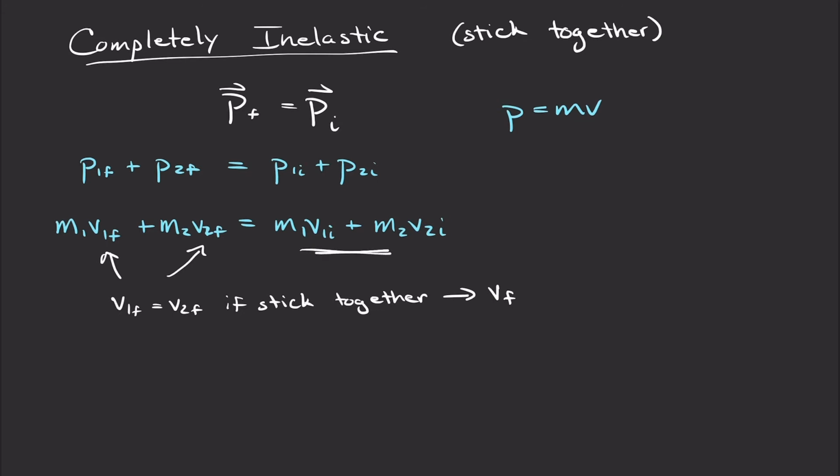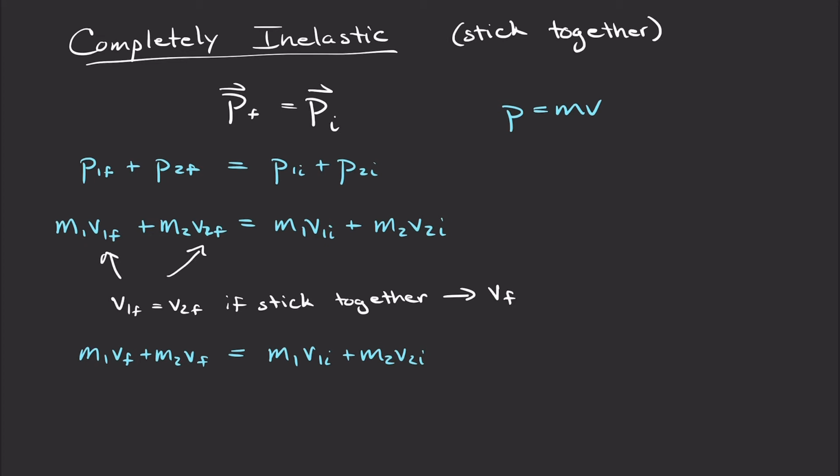There's no final velocities on the initial side, or there shouldn't be. And so the only final velocities are going to occur here, and they're equal, so we're just going to replace it with VF. So that means we get M1 VF plus M2 VF, and we only have subscripts on our initial quantities.